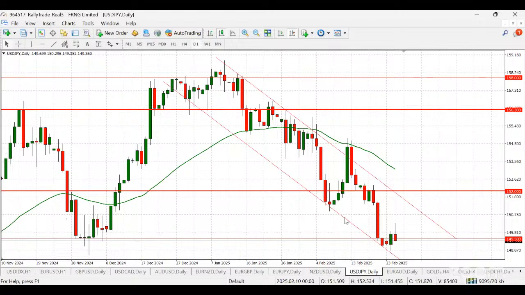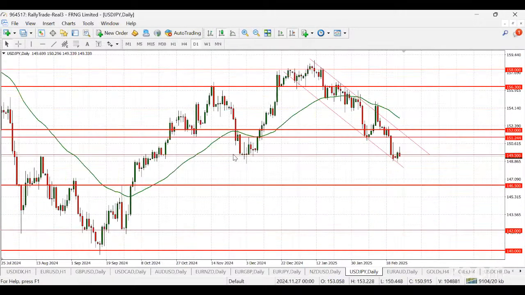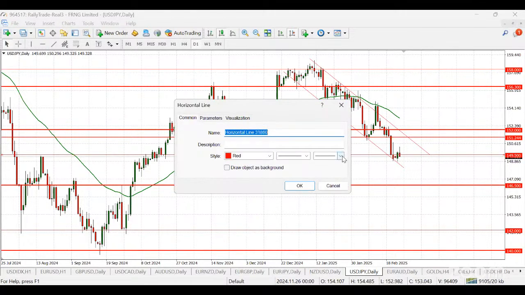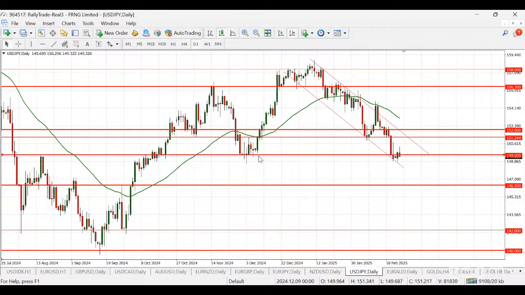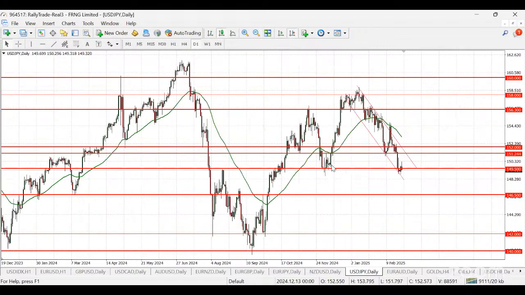And it's recently taken out this last low. We now have a lower low right here, okay? And then we also have support back here at 149.50, which is also a key level, okay?